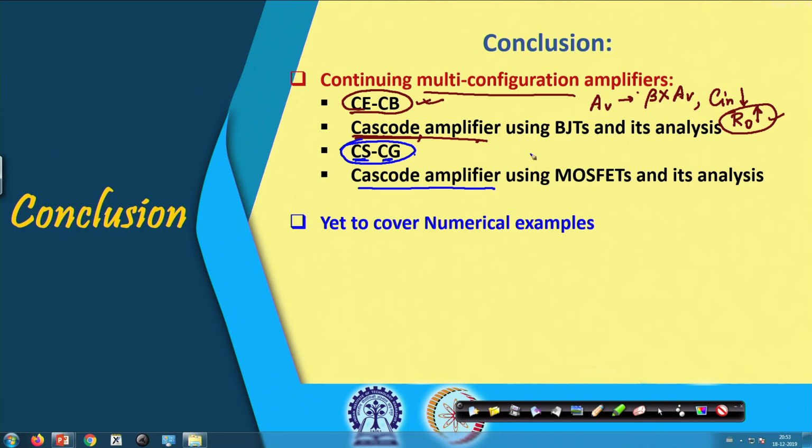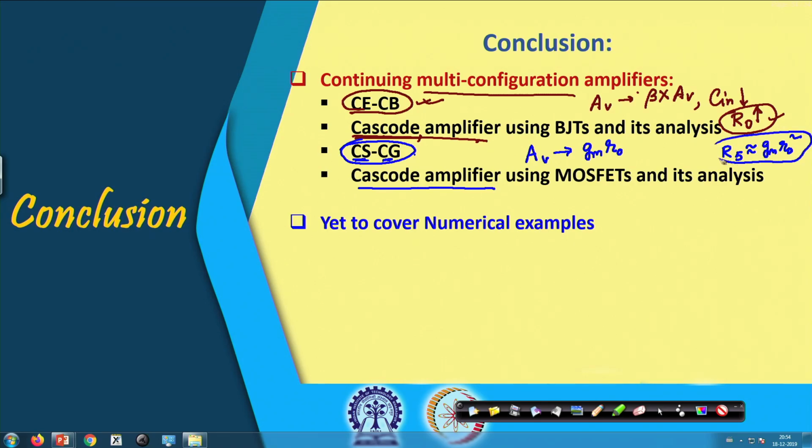There also, the voltage gain got increased by a factor of the intrinsic gain of the cascode transistor, provided the load part is properly implemented, namely, in our example, assuming this R5 is in the order of gm R_o squared.